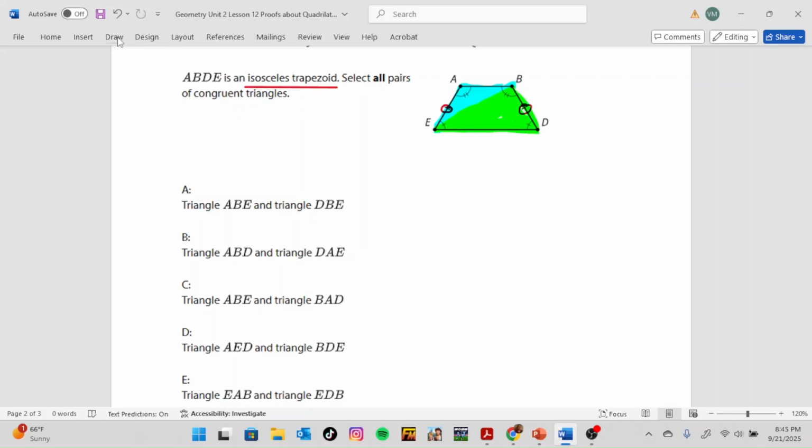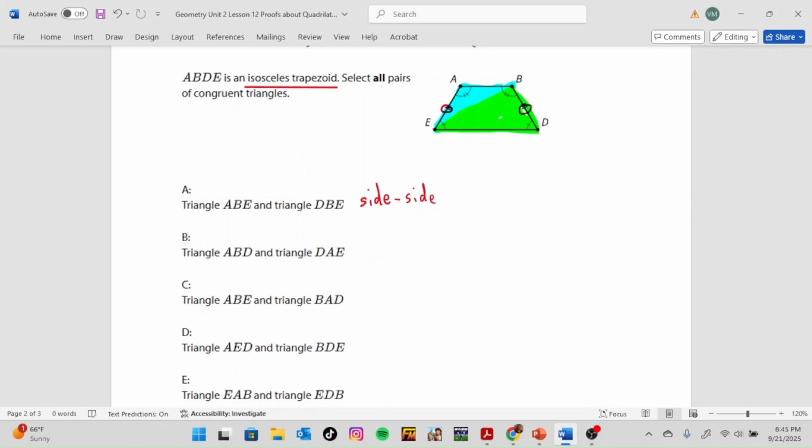So we know that we have the congruent sides that were marked, and then we know that they share the side BE. So we do have side, side.